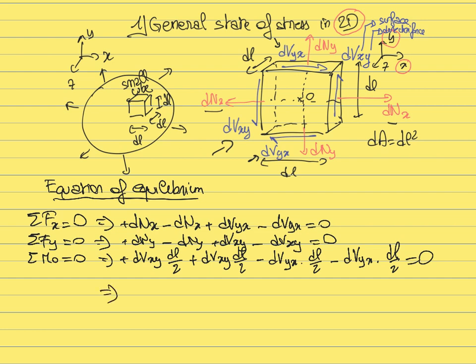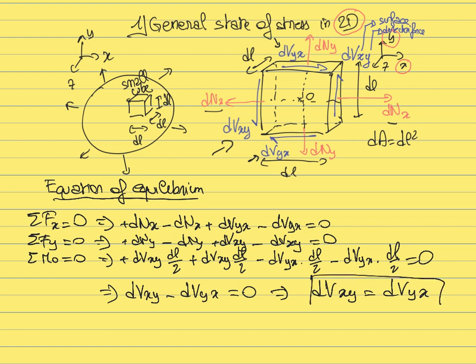And if we simplify this expression, what we have is 2 times dvxy divided by 2, so we get dvxy, and we get 2 times dvyx divided by 2, so we get minus dvyx, and this is going to be equal to 0, which means that in this case dvxy has to be equal to dvyx for this body to be at equilibrium.